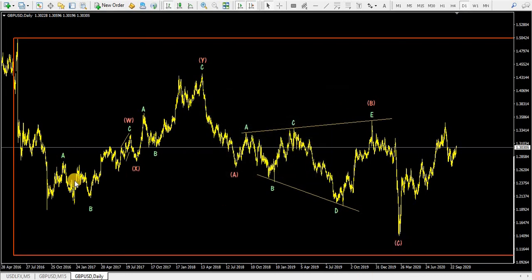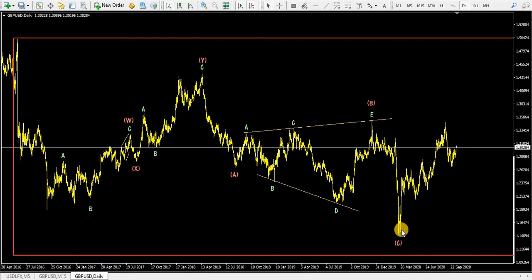So now what we've got is a 3-wave structure happening over here, and then a 3-wave structure happening down here. So in order to forecast, we need to cheat a little bit, and we say, okay, well, in a corrective pattern, there is a correction called the 335 correction, which is a flat correction.